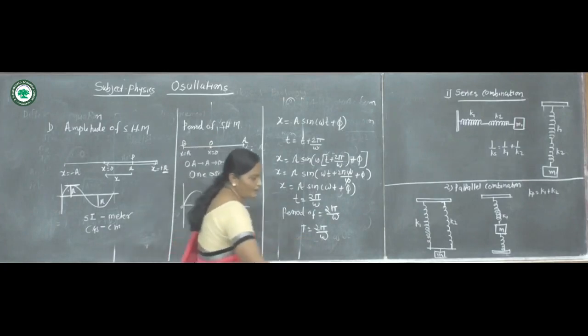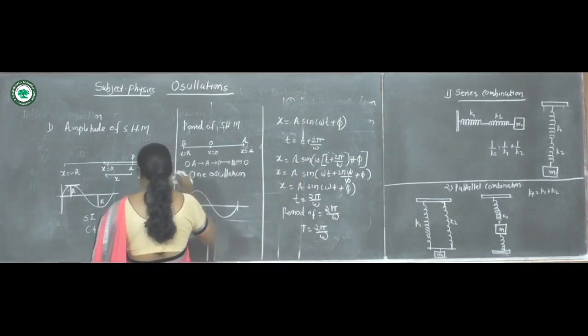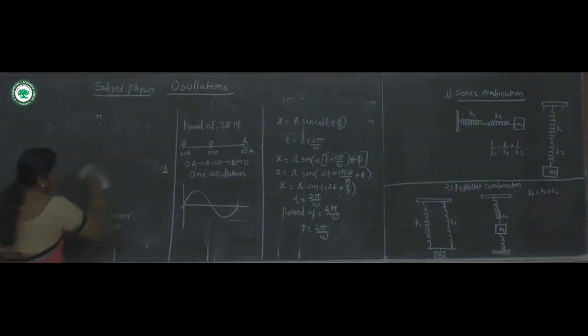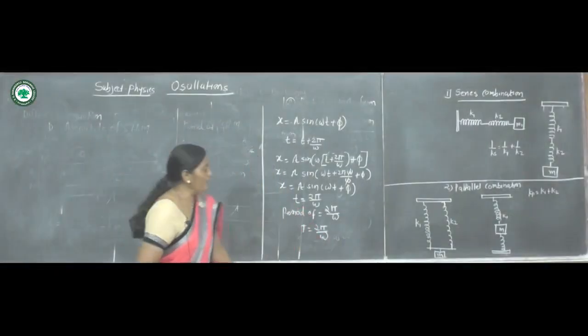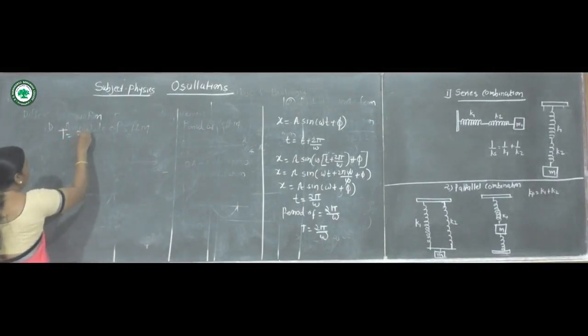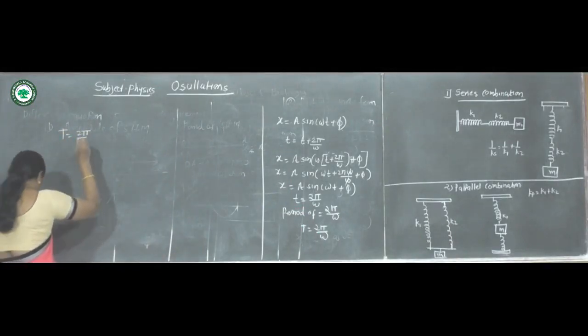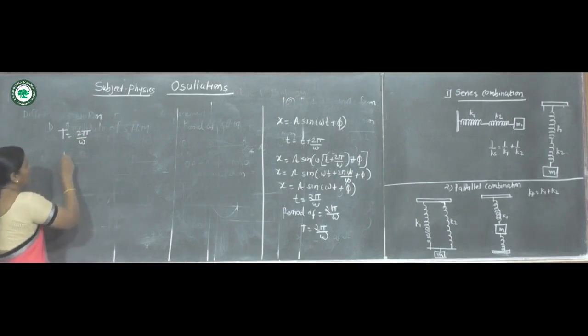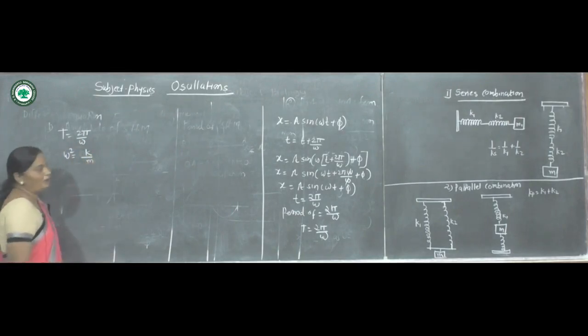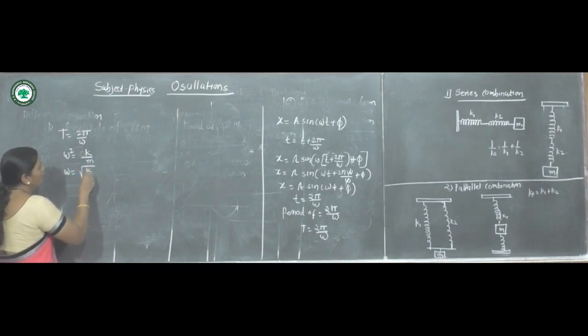We can write the expression for period: T is equal to 2π upon ω. Then the value of ω, we know ω square is equal to k upon m, that is ω is equal to under root k upon m.